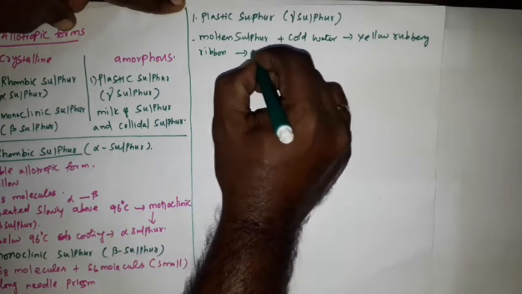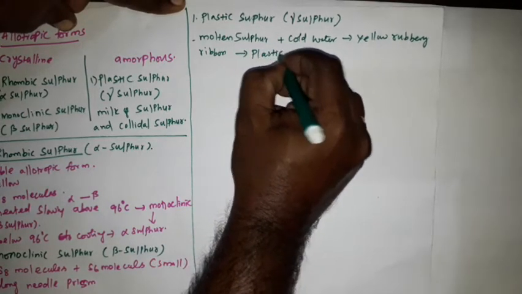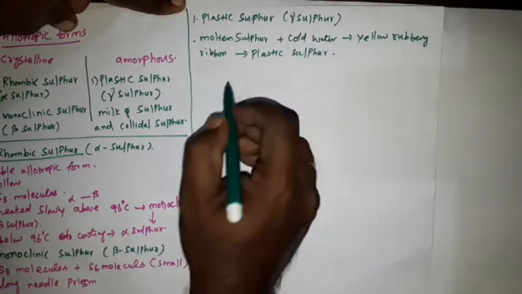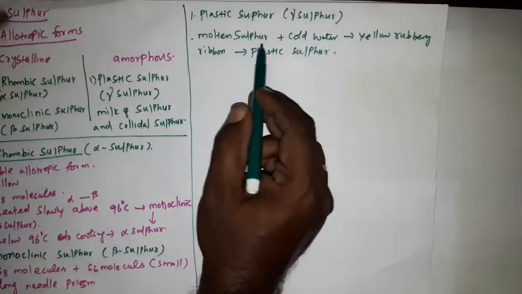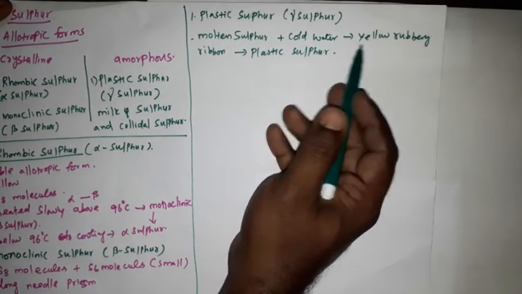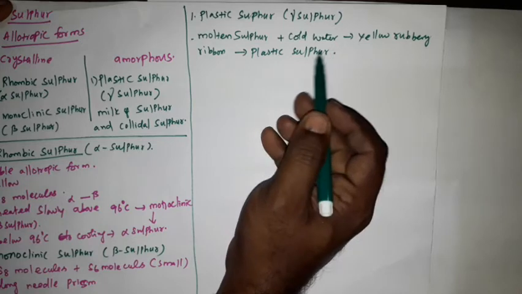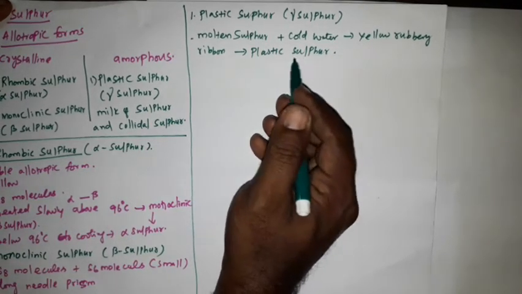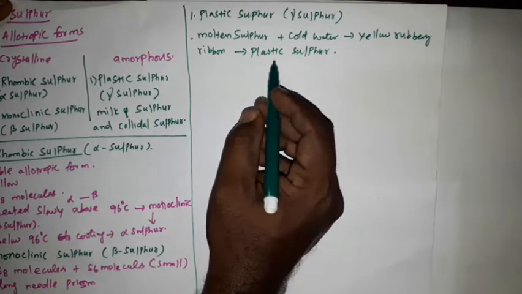This is called plastic sulfur. Okay. So plastic sulfur is produced when molten sulfur is poured over cold water. The color will be yellow, and the character will be rubbery. Like a ribbon we will get. That is called plastic sulfur.